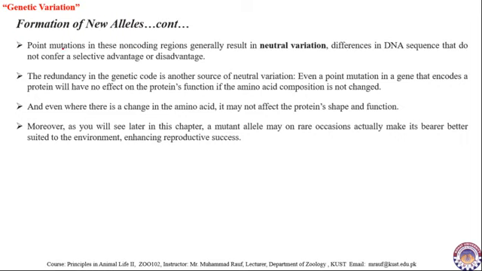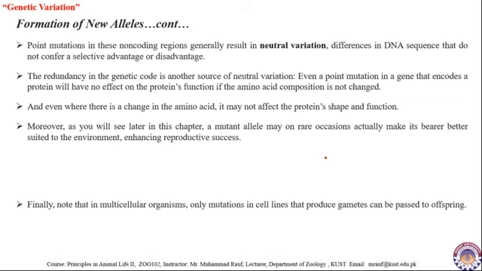Just in the previous slide we discussed the CCR5 gene, which, if mutated, makes the individual resistant to acquiring HIV. Although it is a mutation, it increases the fitness of that individual.